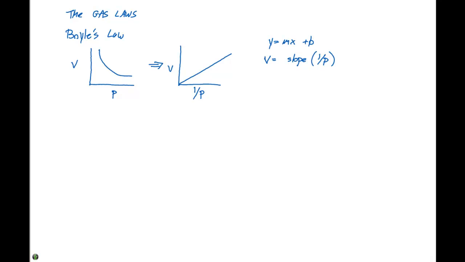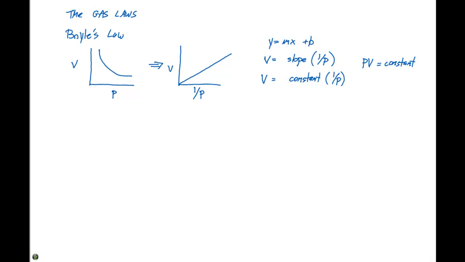We can say that the volume of a gas is equal to some constant times 1 over the pressure, or that the volume and the pressure are inversely proportional. And what Boyle could say from this is that pressure times volume is going to be equal to some constant.